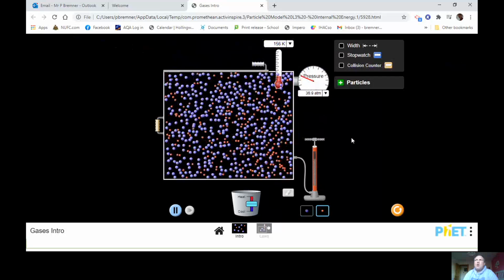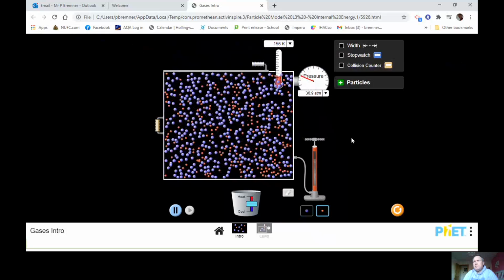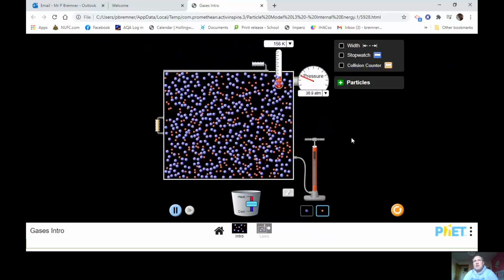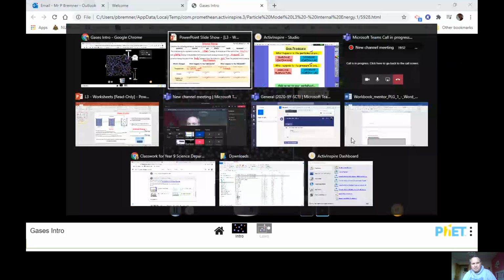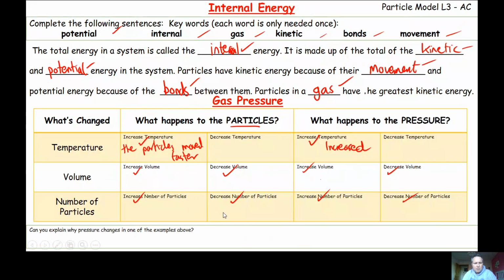So you should have all the boxes on your worksheet filled in. If you need to rewind the video to check any of these, you can. You have one last job. Underneath your results, it asks you to explain one of these changes. So you're going to need to write a because sentence.